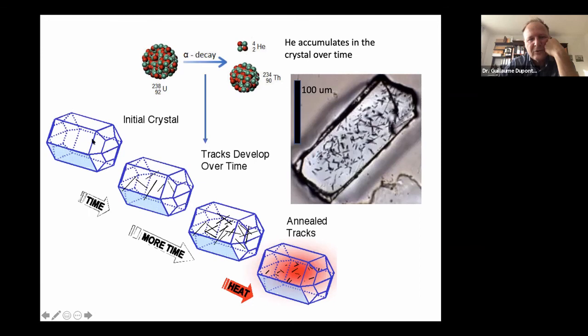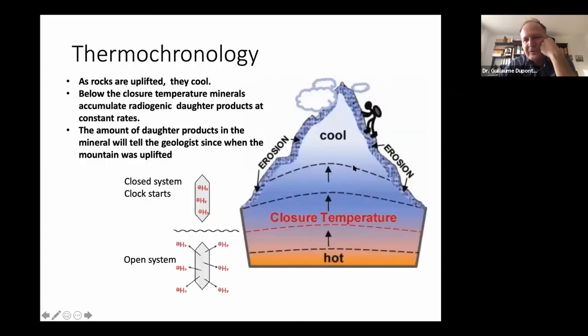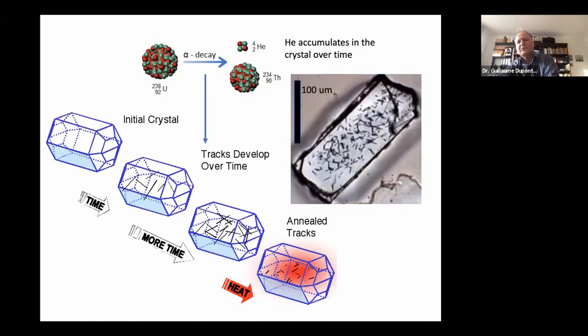So the older your crystal, the more tracks it will have, and the more helium it will have in it. So if you can find these crystals in your mountain here, you can date when these crystals went through the closure temperature and started to accumulate helium and tracks. So this is the basic principle of thermochronology.